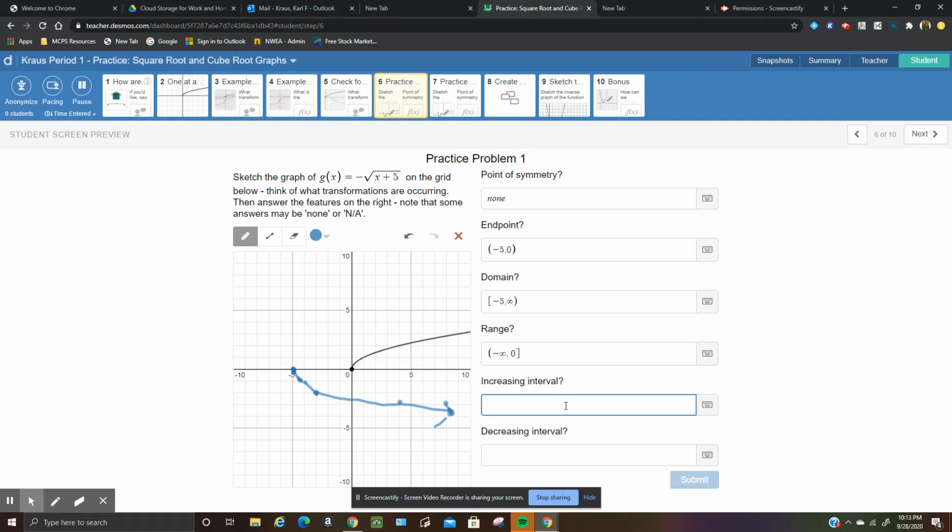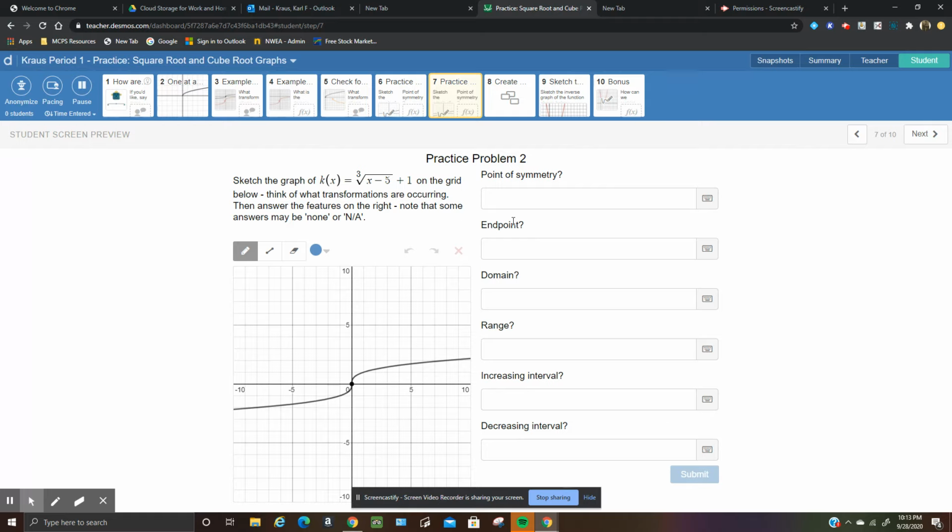Increasing, never decreasing from negative 5, comma infinity, like the domain there.